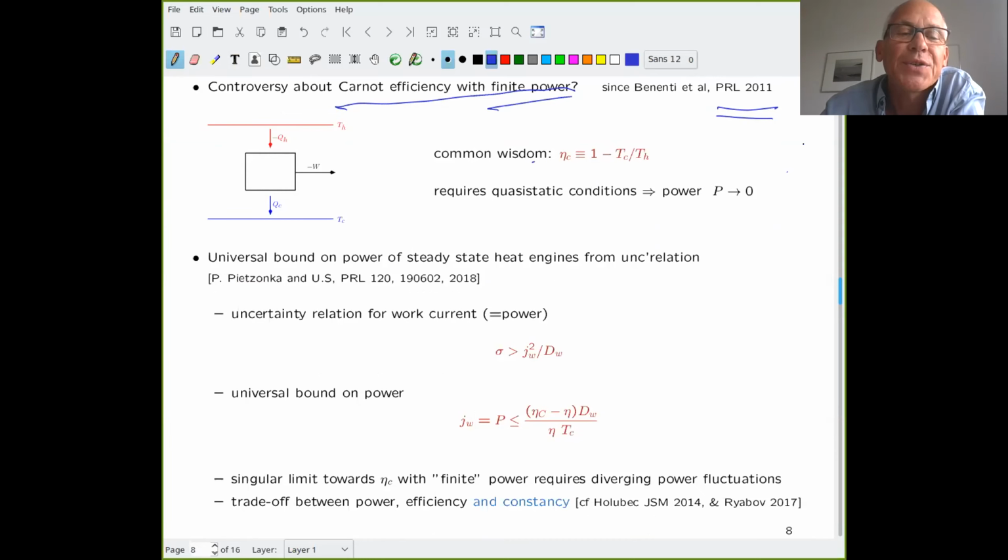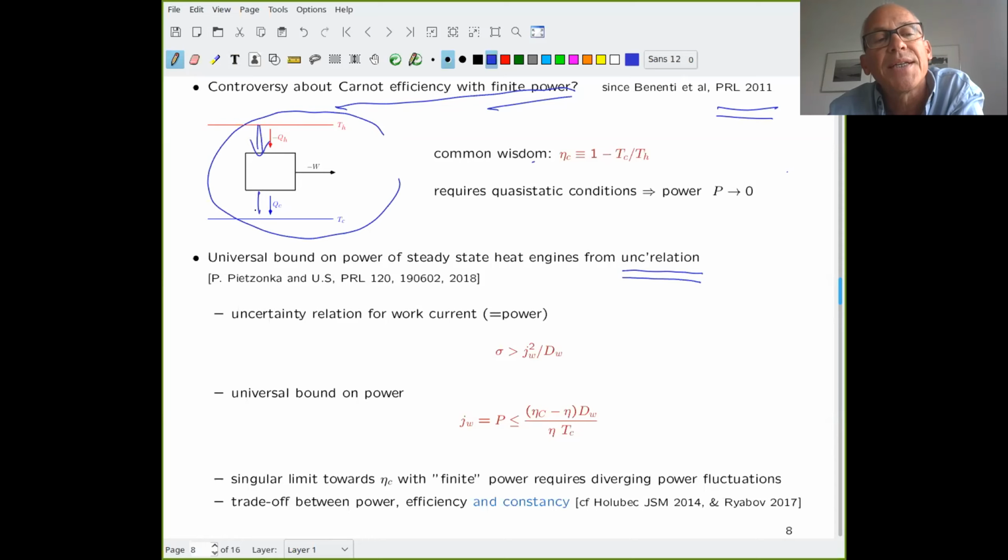I don't want to go into this, but I want to show you what the uncertainty relation implies on this question. So if we have a heat engine like this, we take heat from a hot bath, we put it into a cold bath, but the main purpose is to get out some work. And if we run it in steady state conditions, then we can apply the thermodynamic uncertainty relation to the work current, for instance.